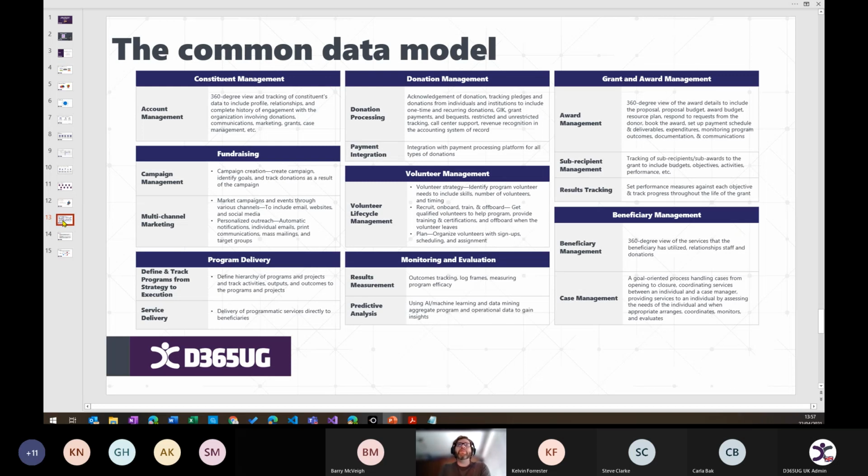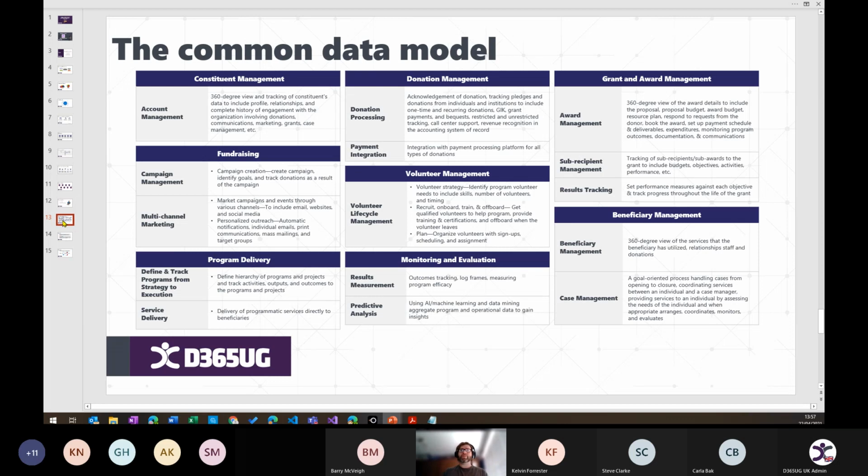Donation management, obviously a key one, being able to log donations. And fundraising engagement actually gives you payment integration as well. So you can take credit card payments via some of the common providers. Again, it's a little bit slanted towards the US, but it's got things like Stripe in there that you can use. Volunteer management, so onboarding volunteers and logging what skills and things they have.